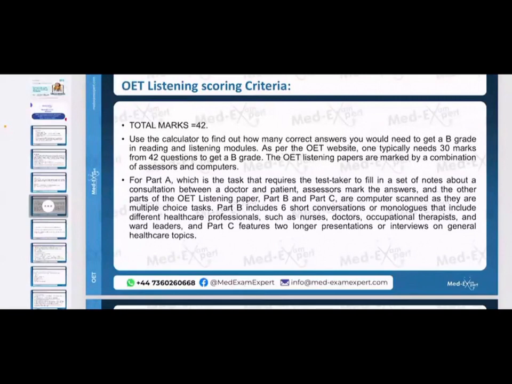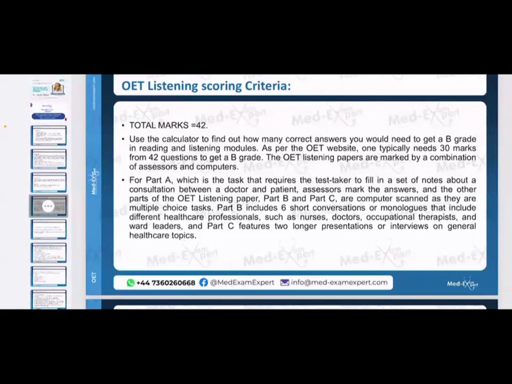Use the calculator to find out how many correct answers you would need to get a B grade in the reading and listening modules. This is the key point, because comparatively, part A in both listening and reading is easier than part C in both listening and reading.